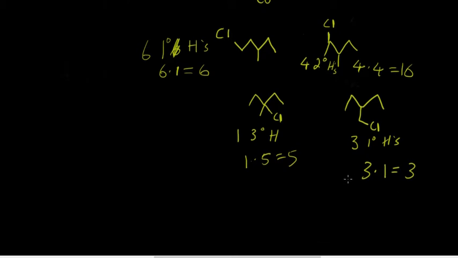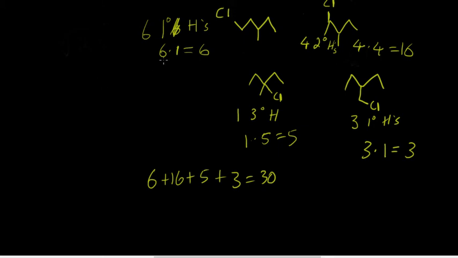So then we add up all these numbers. We add up 6 plus 16 plus 5 plus 3. That gives you 30. So 6 out of 30 comprises 20% of the product.